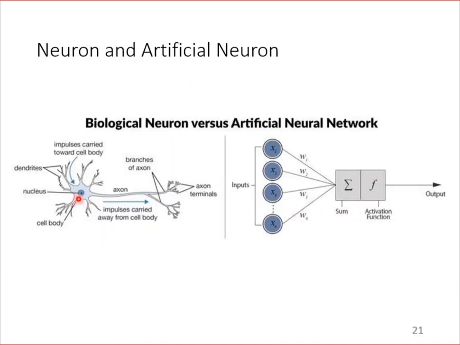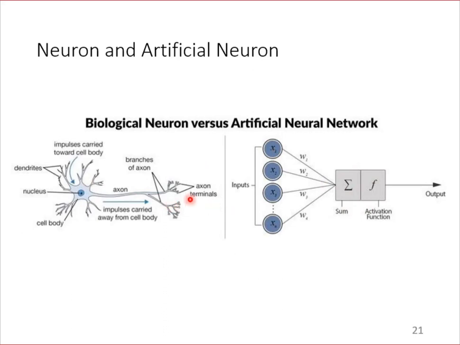One cell receives many signals from other neuron cells, sums those input messages up, and sometimes it amplifies the electrical impulse, and sometimes it reduces the electrical impulse, and then sends it out to another neuron cell.